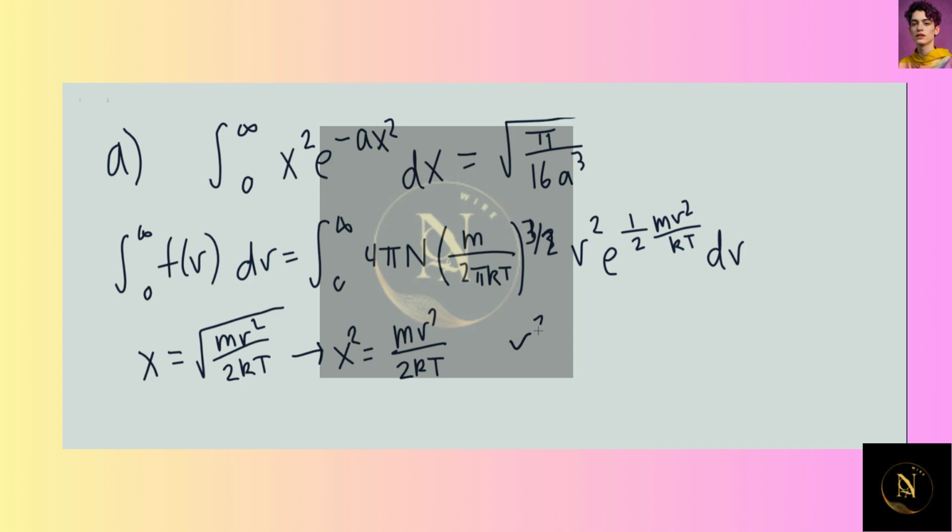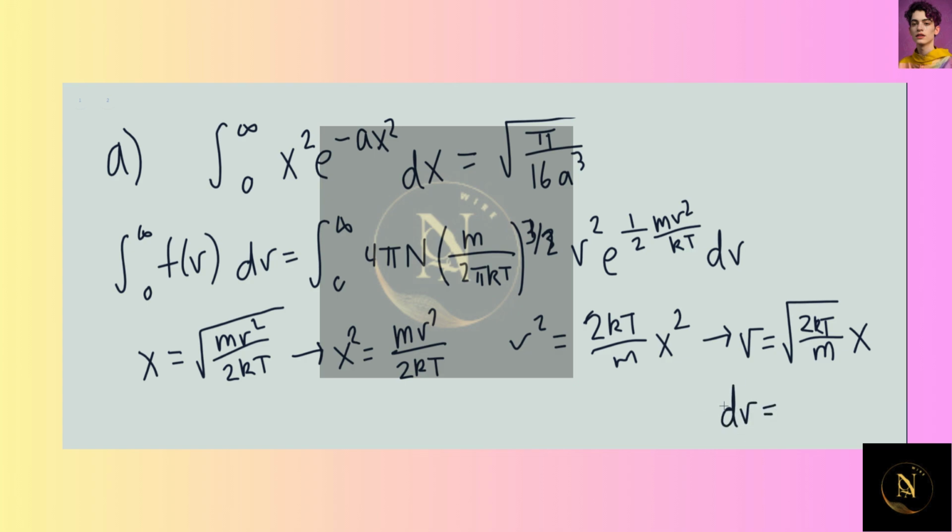We can say v squared is 2kT over m times x squared. Thus, v is root 2kT over m times x. We're going to use this new variable x just to get this in the right form as the table. So it also must be the case that our little infinitesimal element dv is root 2kT over m, just doing a derivative, times dx, of course.